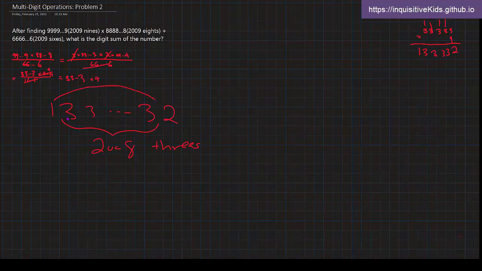But 1 plus 2 gives us another 3. So really we have 3 and 2009 pairs of it. So 3 times 2009 is 6027. So the digit sum of this number is 6027.